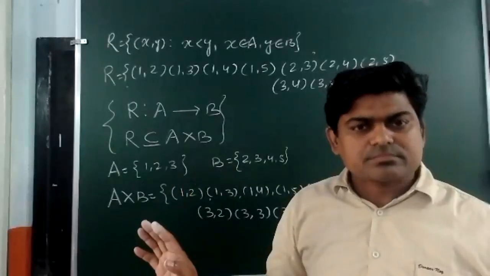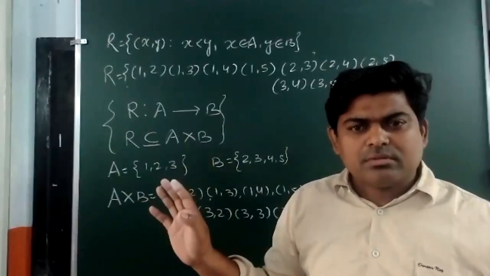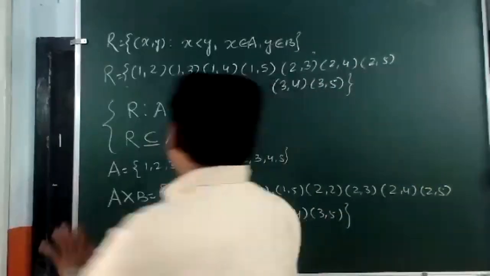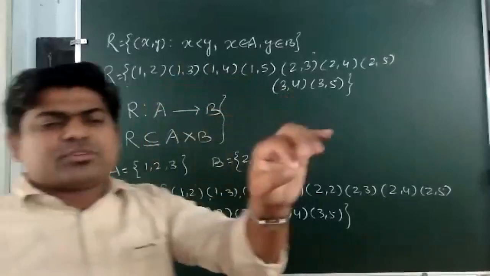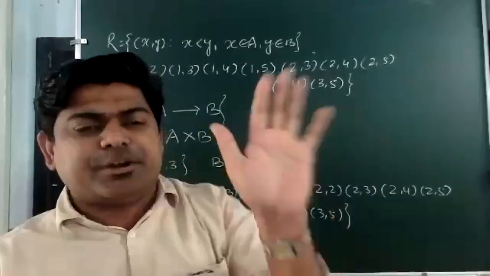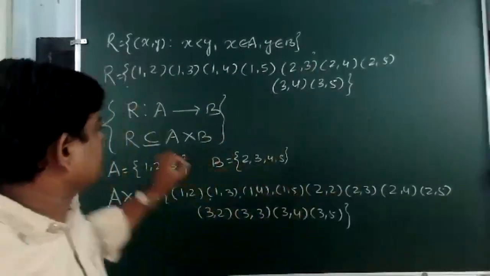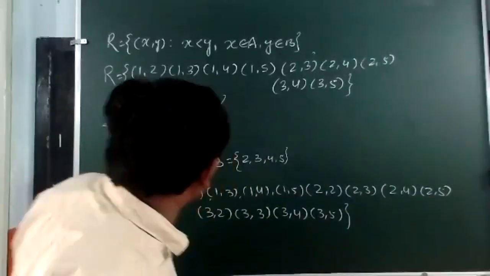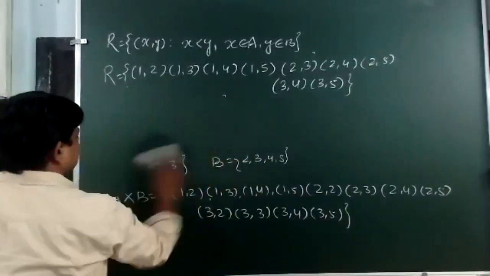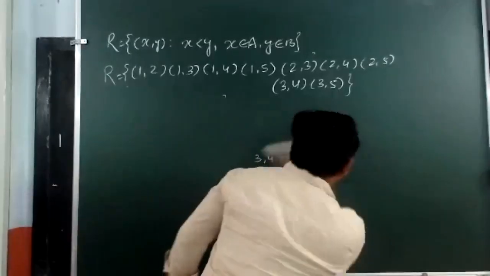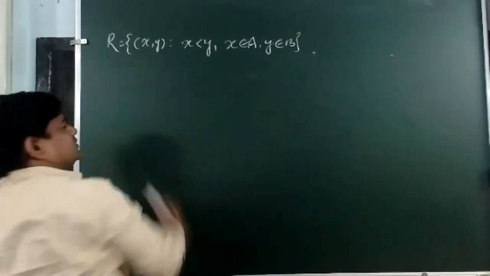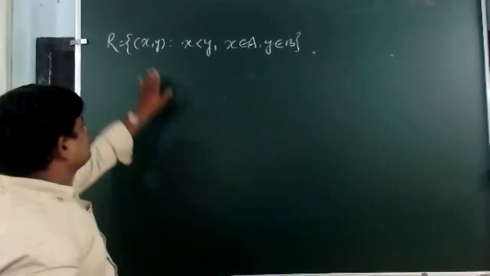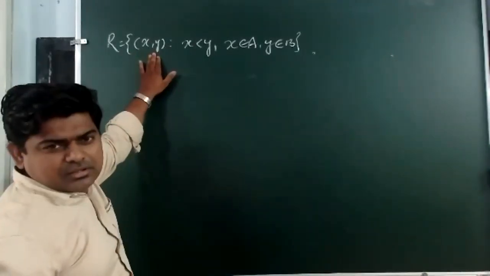Got it? Now, after knowing that, how can we define the relation? Actually, that relation can be written in a different way. Now, one more line I am writing for you. As I wrote one relation for you, R is equal to (x, y).